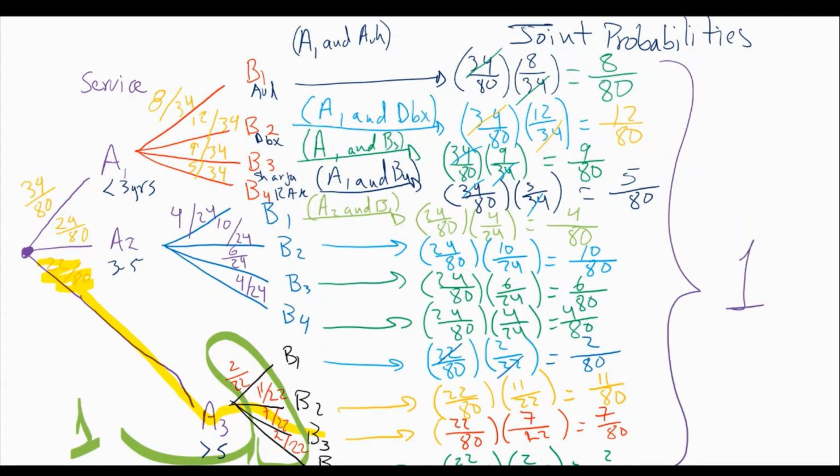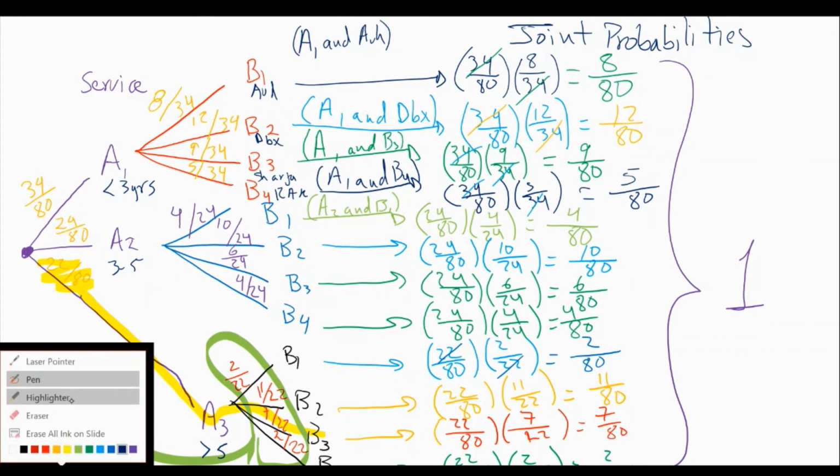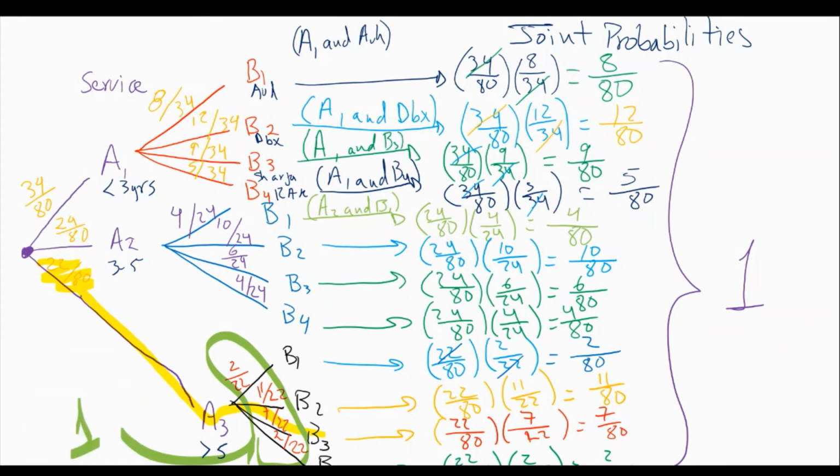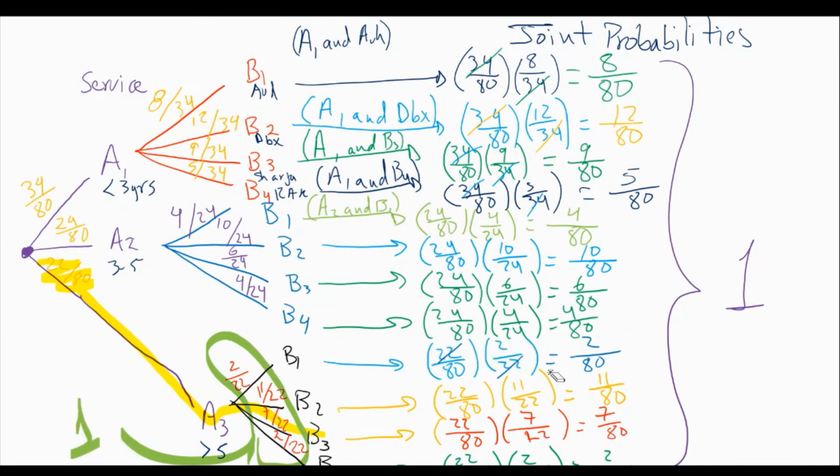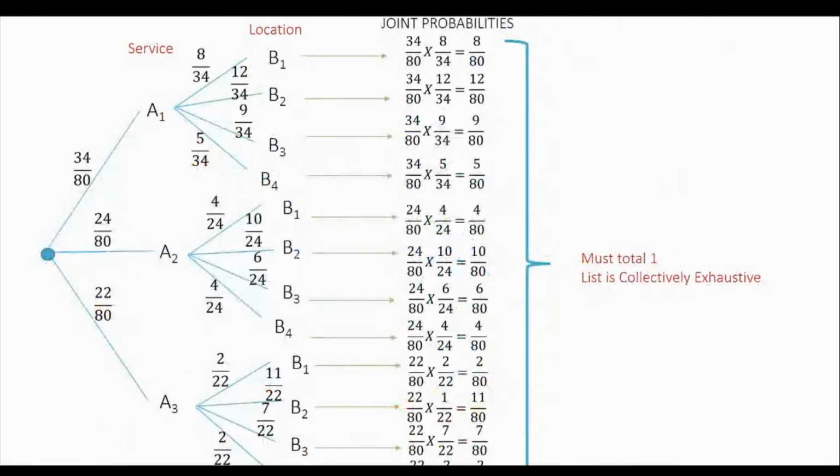And again, if you have one of them taken out, for example, if this was not available for you, you could get it by doing 1 minus the rest of them, okay? So you can do the complement rule to figure out if any of the probabilities are not given to you, especially on the exam, right? And here I've shown it to you by mistake a couple of times earlier.